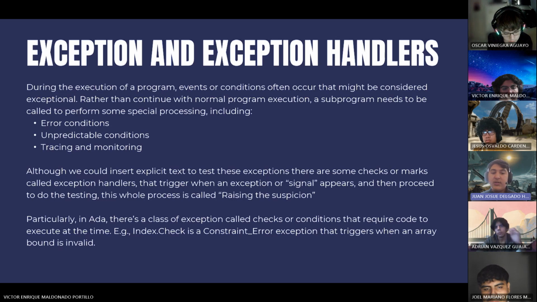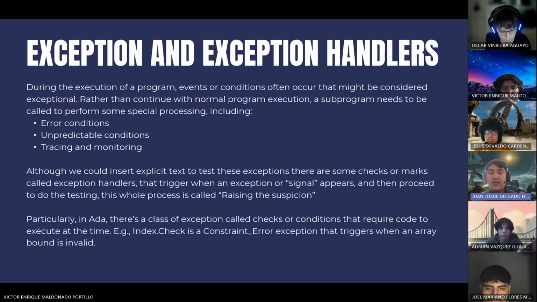Although we could insert explicit tests for these exceptions, there are some checks or marks called exception handlers that trigger when an exception or signal appears and then proceed to do the processing. This whole process is called raising the exception.